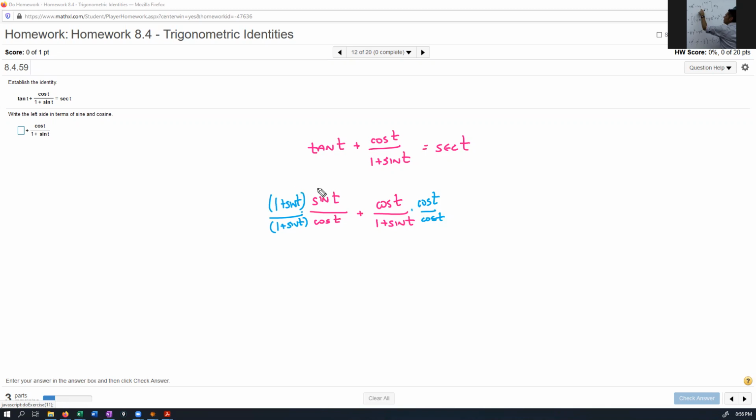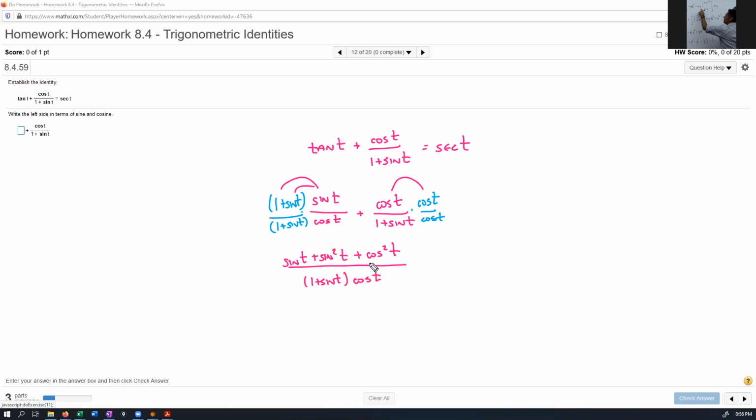All right, so when we distribute the sine through here, we get sine t plus sine squared t. Then we have the plus, these two multiply, that's cosine squared t. And then on the bottom, we've got 1 plus sine t, and then we have the cosine t.